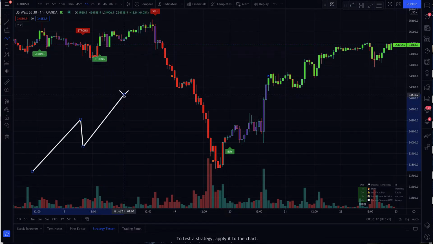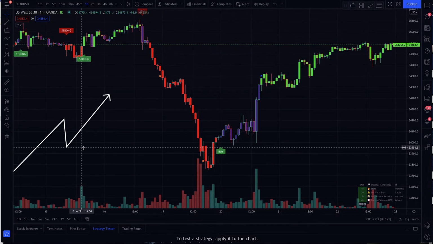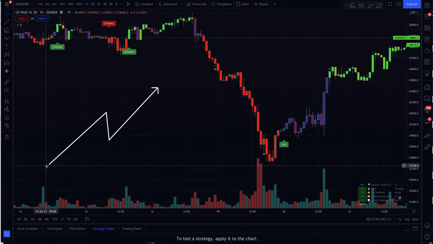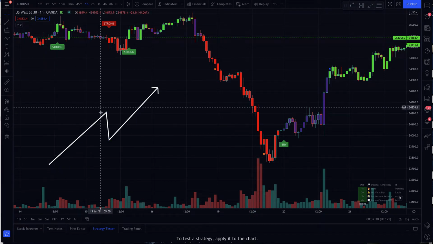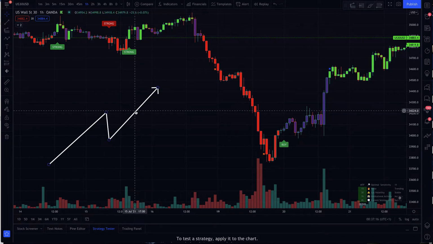Okay, so this is our wave. This is our projection as well. When we have this pattern, we're trying to identify from here, which is A, this is our B, this is our C, and the Dow Jones is moving up, and we are trying to identify where it is going to go.